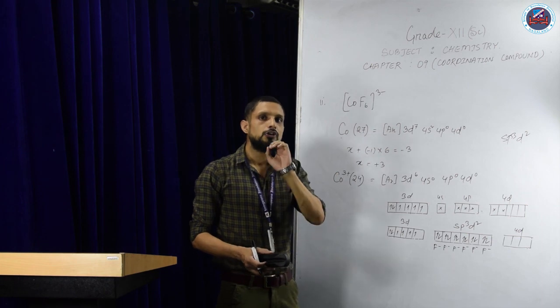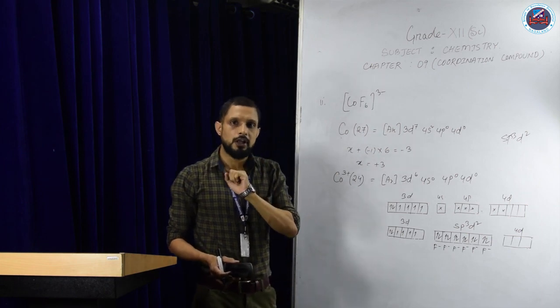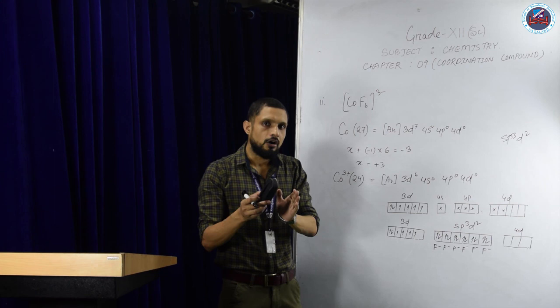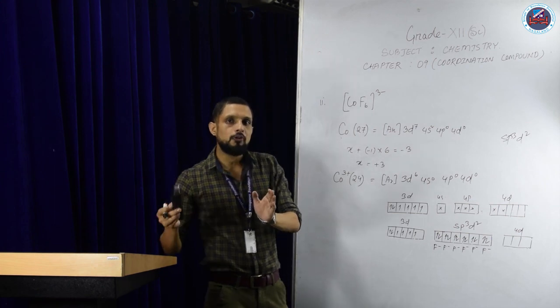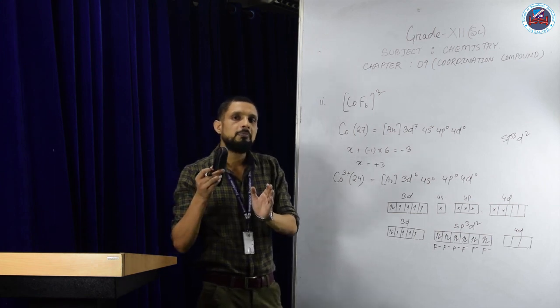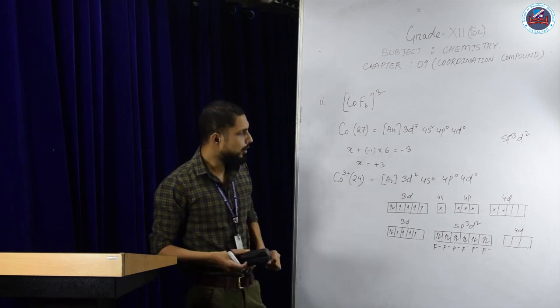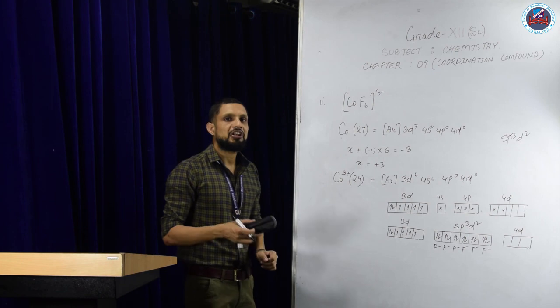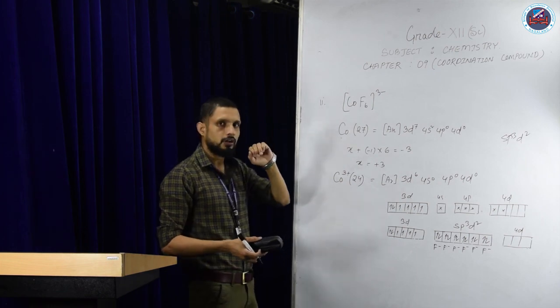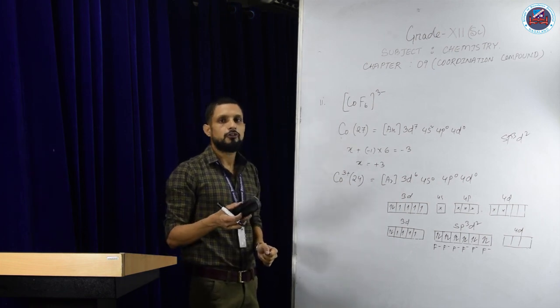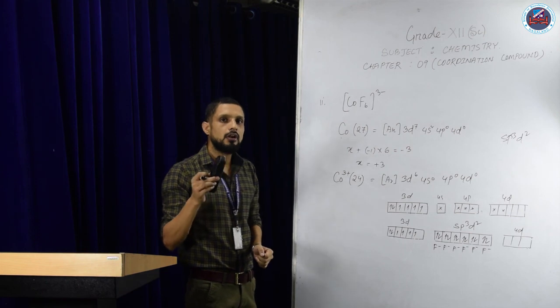After that, you check the number of unpaired electrons. The compound having more unpaired electrons will be more paramagnetic in nature. So you can take more examples and practice yourself. The next topic which we are going to study is crystal field theory.